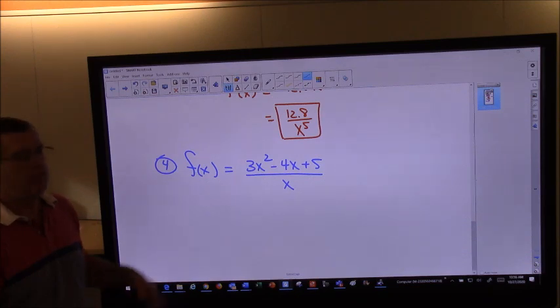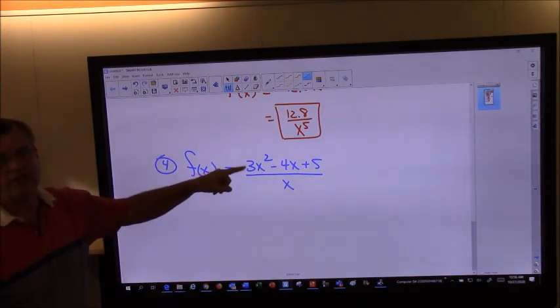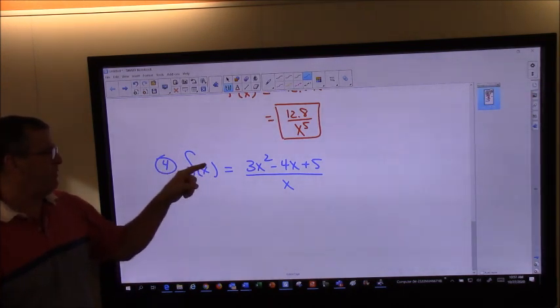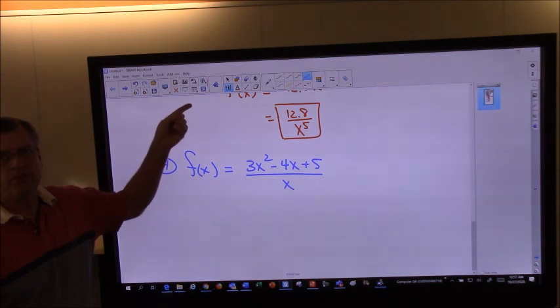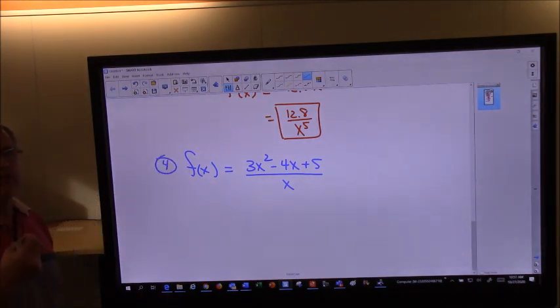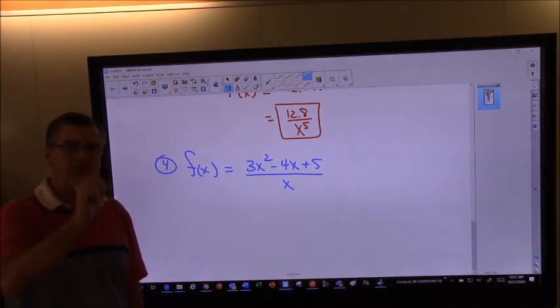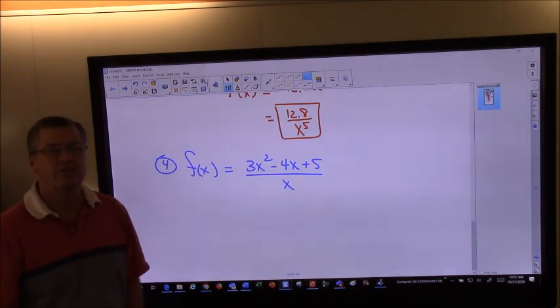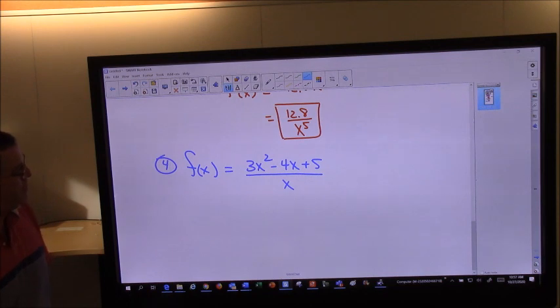I don't know how to do a derivative yet where we're dividing things. We will learn. But I have to find a way to make this look like some of the previous problems. It's got to be written as a number times a variable raised to an exponent. It's got to be a series of terms. Okay? You guys see if you can figure out how to do that.